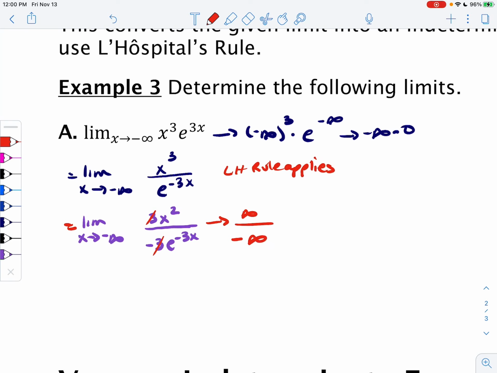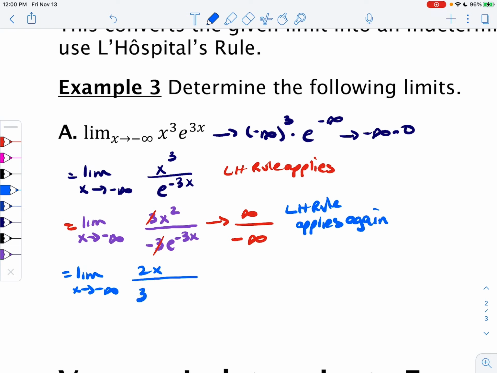And so I still have L'Hopital's rule applies again. And so I keep going with it. So I'm going to take my limit as x goes to minus infinity, and I'm going to take my derivative, and my derivative is 2x. And the derivative of the denominator, that minus 3 also comes out, and it turns into a positive 3, and we have e to the minus 3x.